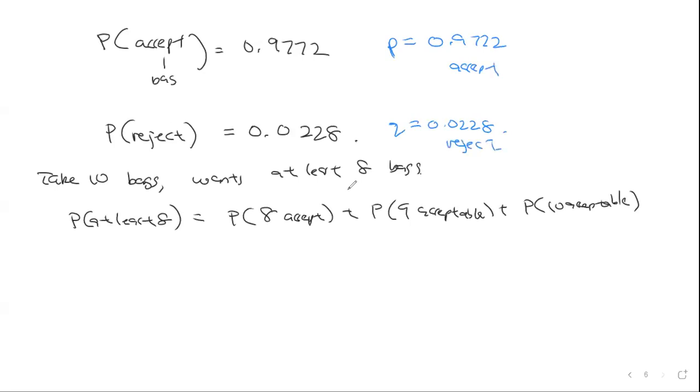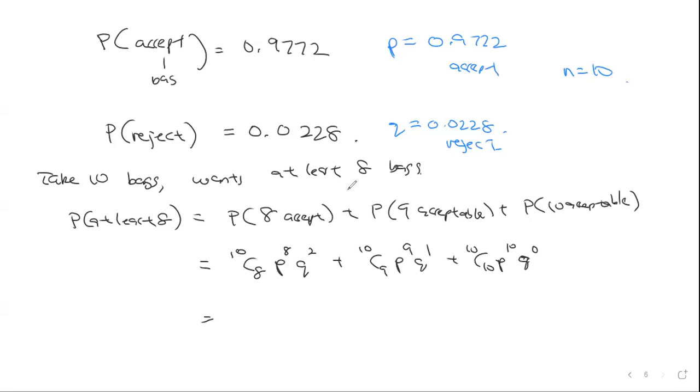In this case, your N is 10. You've got 10 bags. Don't forget your nCr. So this is going to be 10C8 P to the power of 8 Q squared plus 10C9 P to the power of 9 Q to the power of 1 plus 10C10 P to the power of 10 Q to the power of 0. Okay, sub those numbers in and you should get your answer.